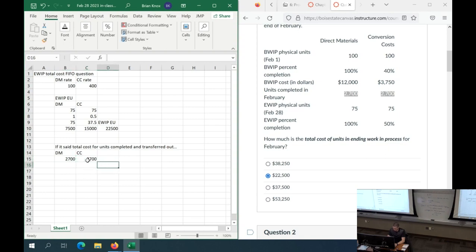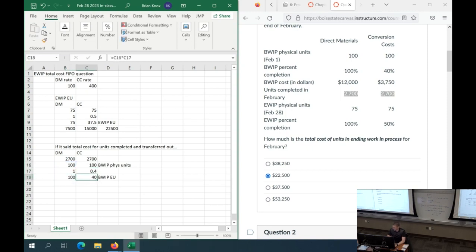And now we're going to have beginning WIP equivalent units, because we're going to have to subtract away the beginning WIP equivalent units. We don't want to charge those beginning WIP equivalent units with this period's rates of $100 and $400. So beginning WIP, we have 100 physical units in beginning WIP, and they are 100% complete with respect to direct materials, and 40% complete with respect to conversion costs.